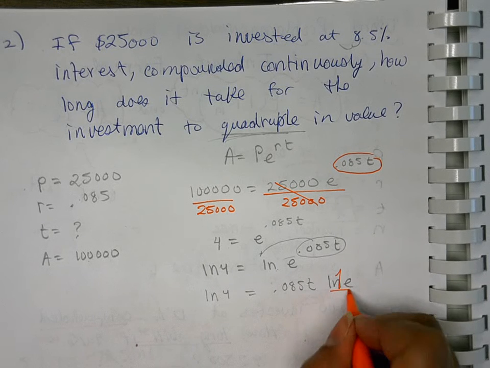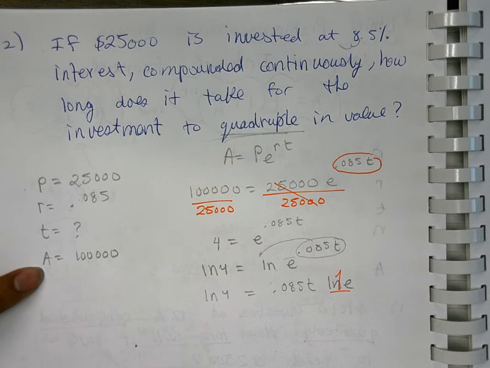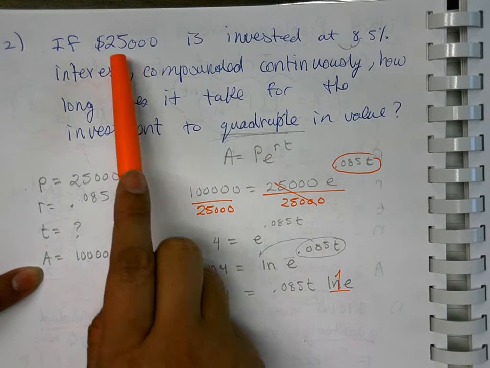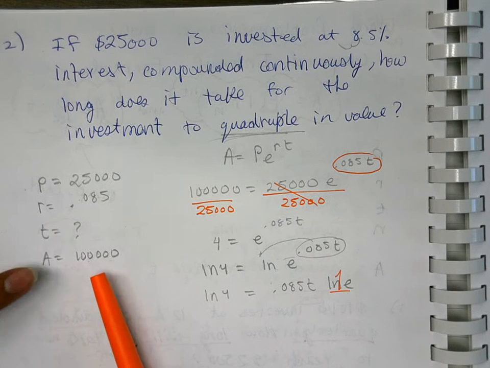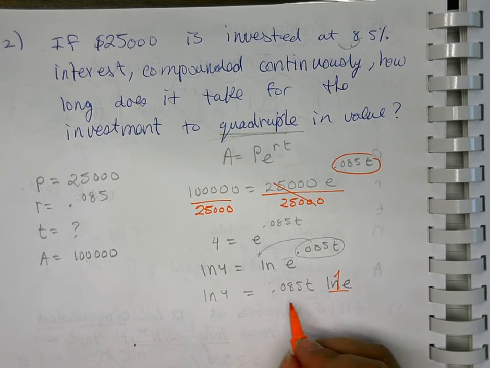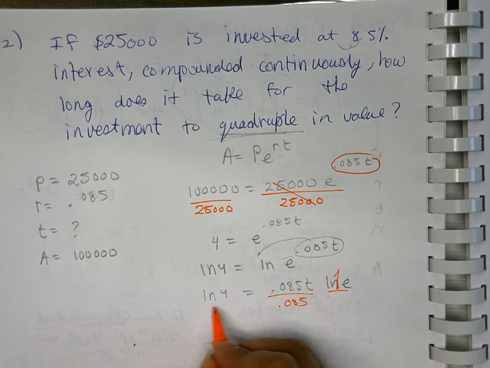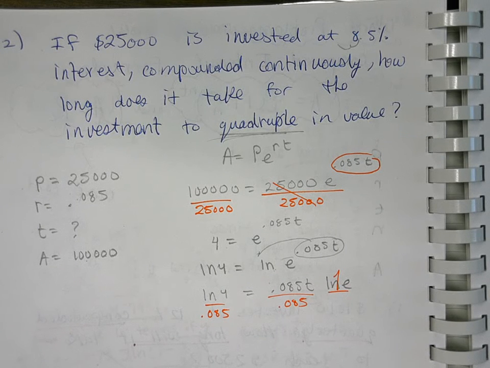So then how do you divide? Divide both sides by what? 0.085. Don't forget to close your parentheses on your 4: ln 4, close parentheses.